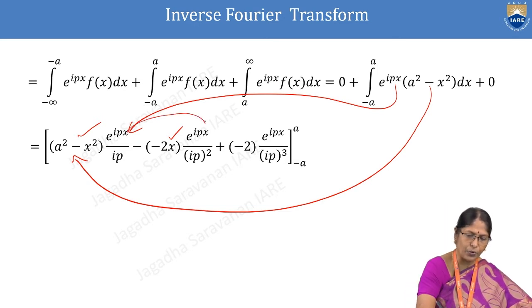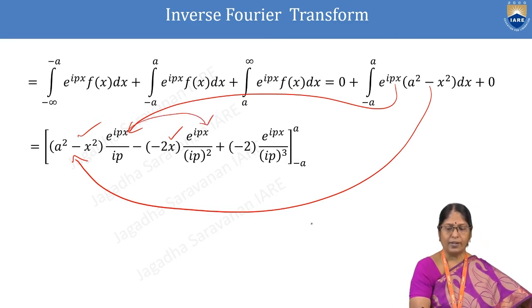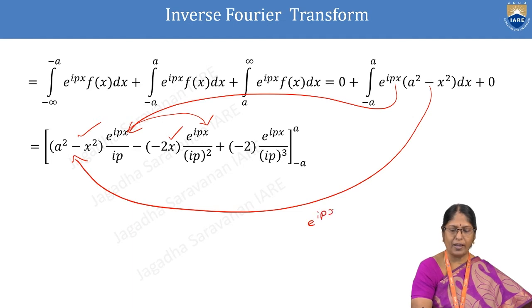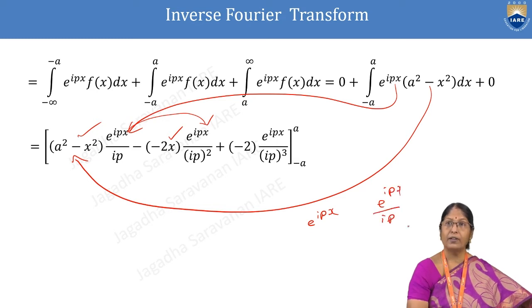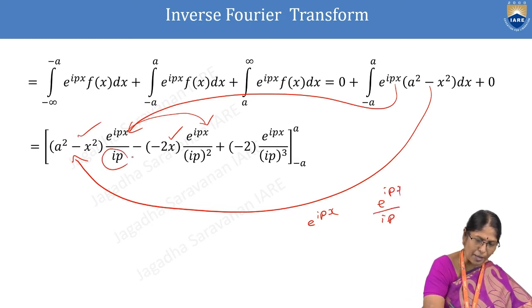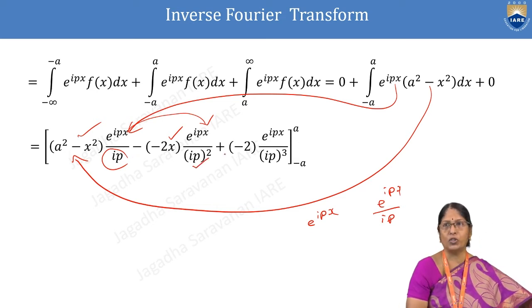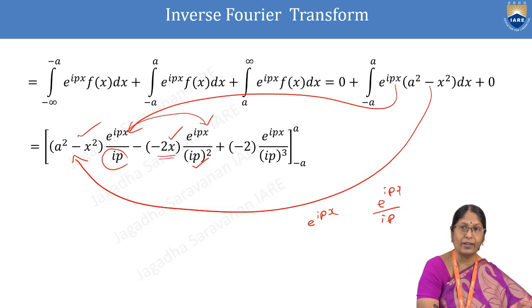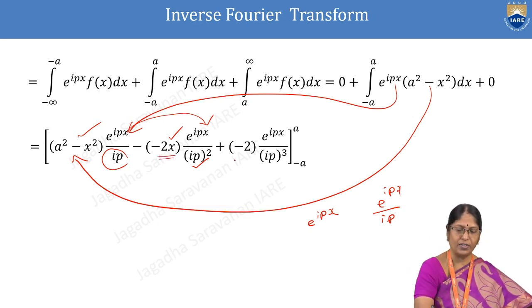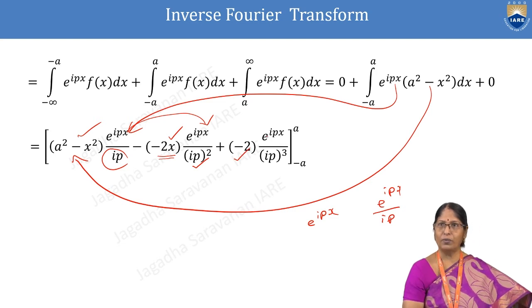Again we are going to do the integral, that is e power ipx. The integral we know, e power ipx by ip. But already one ip is there, that is the reason here it is ip the whole square. Fine. Next, this minus 2x, we will differentiate: minus 2.